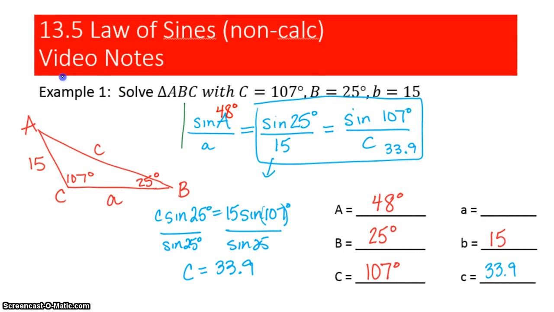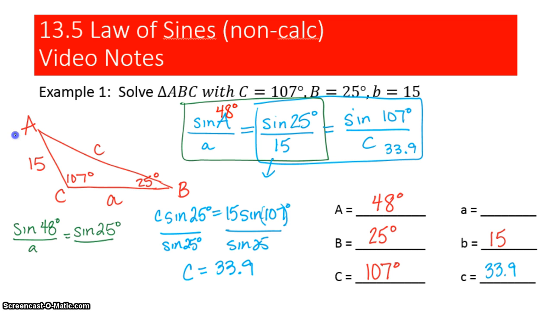So now I'm going to use these pieces so that I have sine of 48 degrees over A equals sine of 25 degrees over 15. And again, we're going to cross multiply and solve for A. So this is going to be 15 sine 48 degrees equals A sine 25 degrees. We're going to divide both sides by sine 25 so that that cancels.